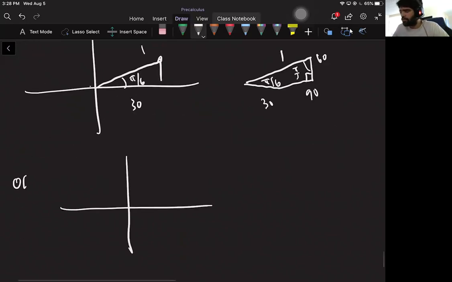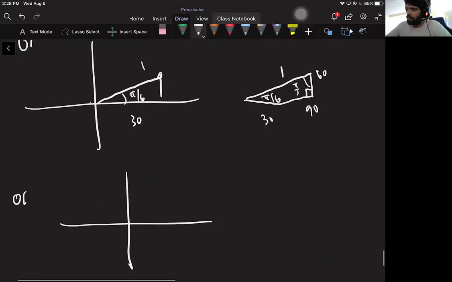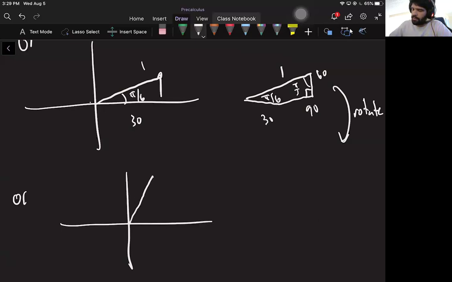Then if I think about that one as being rotated a little bit, where now this angle is on the bottom, and that being pi over 3, aka 60, then this one will be pi over 6, aka 30, and I'll get another 30, 60, 90 triangle that has important features.